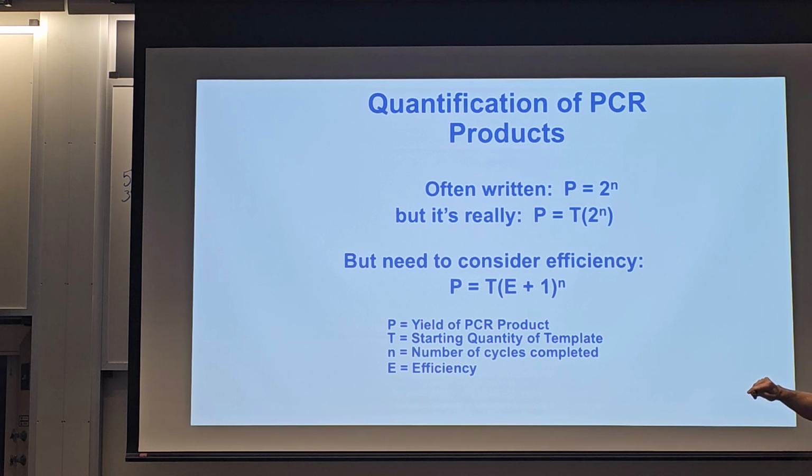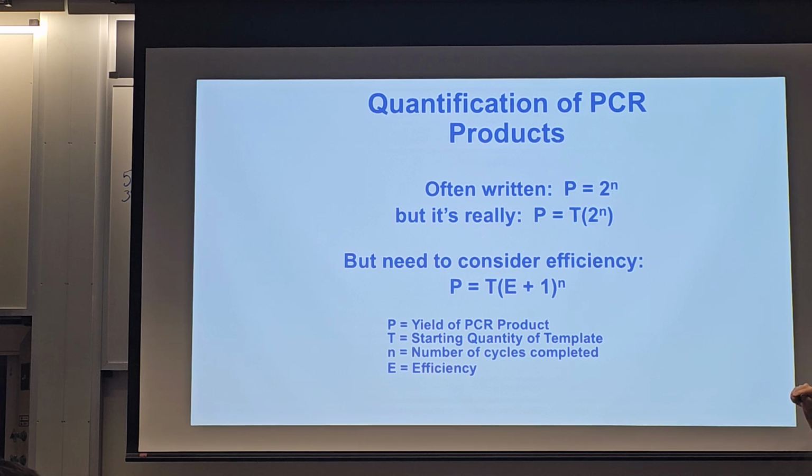We can't measure the amount of template at the beginning because it's too small, but after we get up to 10, 12 cycles, the instrument can read how much product there is, and then we can back calculate, okay? It's pretty cool, but it depends on the instrument being able to read these very low quantities of product when the PCR is still being 100% efficient.